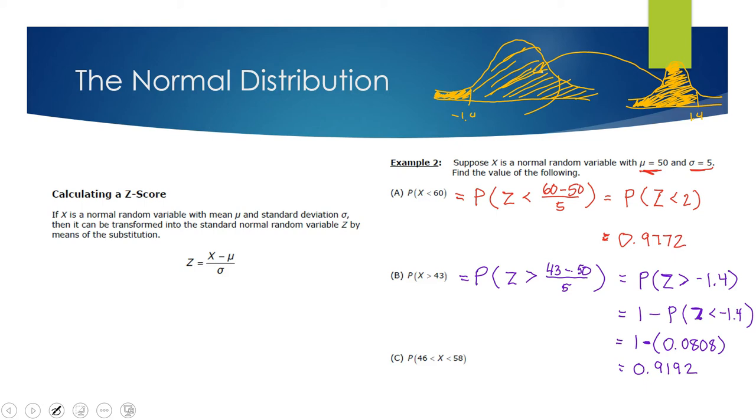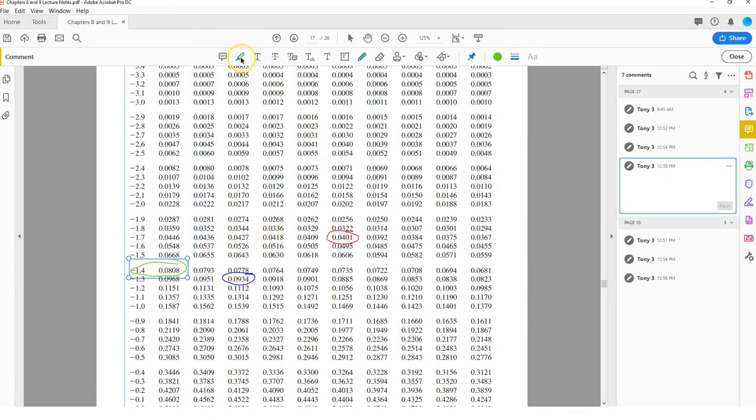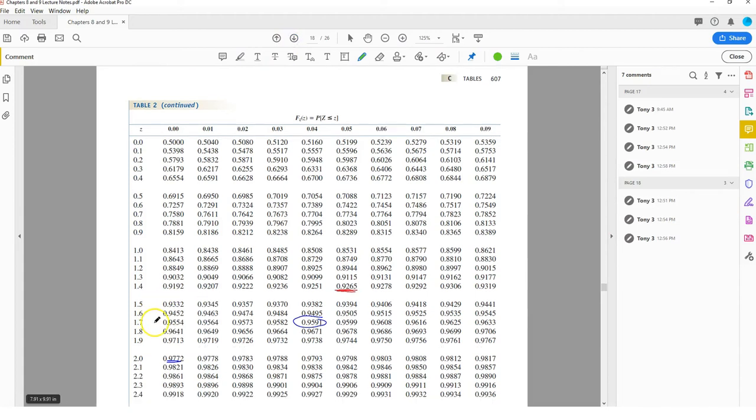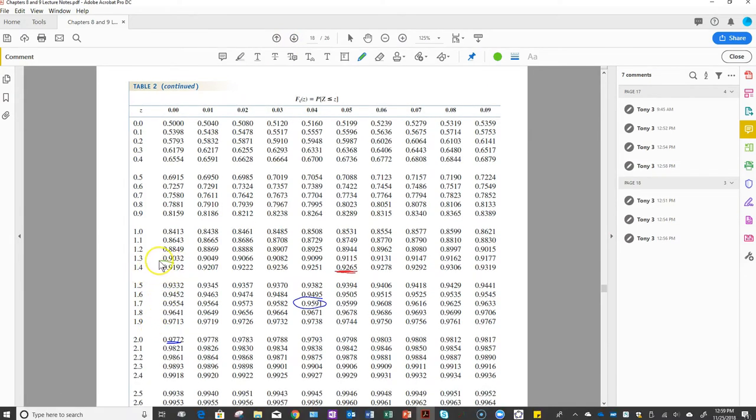So if I thought of this as the probability of z being less than 1.4, and again using the table, instead I would go to the second table and say, okay, 1.4, and I'm looking for less than that. You can see that 0.9192 is the answer that's there. So there are different ways to approach this based off of how you interpret the table, so you have to make sure that you are interpreting the table carefully.